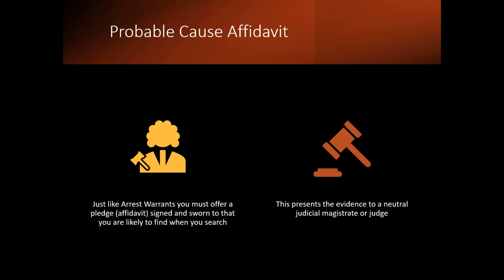This goes to that judge, and it's got to be a neutral judicial magistrate. I think it was an old Vermont case, if I'm not mistaken, where the warrant was issued by the Attorney General of the state, which is basically the prosecutor. So you go before a neutral judicial magistrate who should be, in his mind, balancing freedom versus security and saying, okay, what have you got?